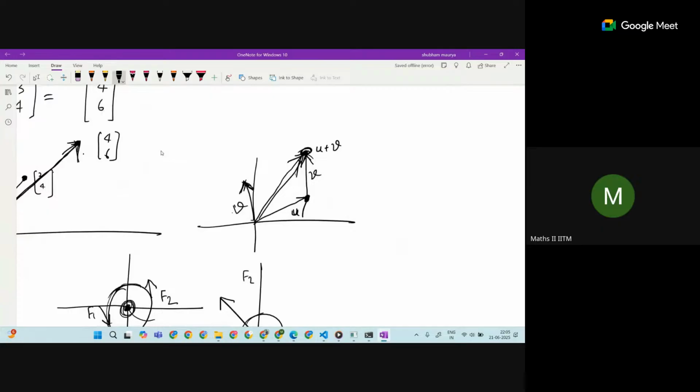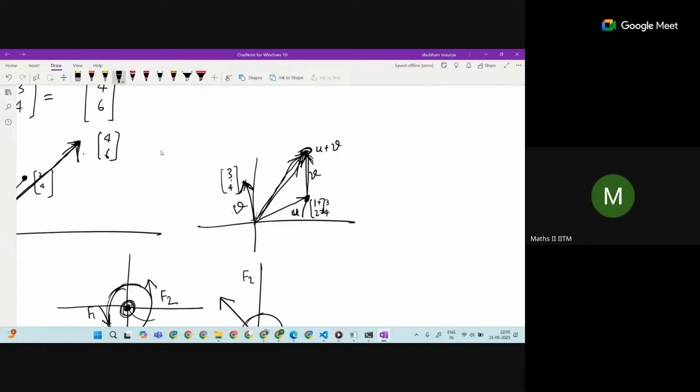On the tip, this vector is 3, 4, and the other is 1, 2. If you add these two on top, you add the coordinates, and that's how it goes.